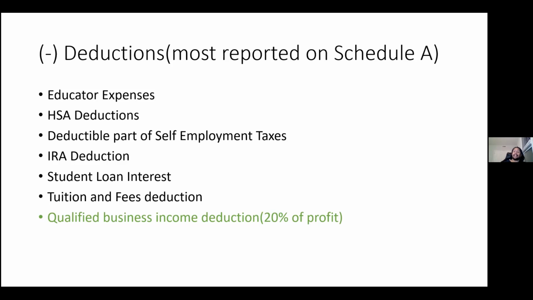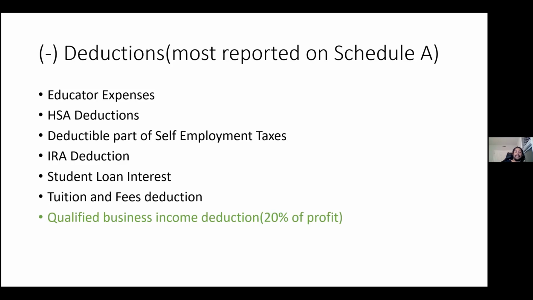And when I get into credits, that sentence will make more sense, because again, we've already taken our income, and now we are taking money off of their income with deductions. And then finally, I've got the qualified business income deduction. I have it in green because it's a function of the Schedule C, which is the business portion of the income, I'm about to say income statement, of the 1040.